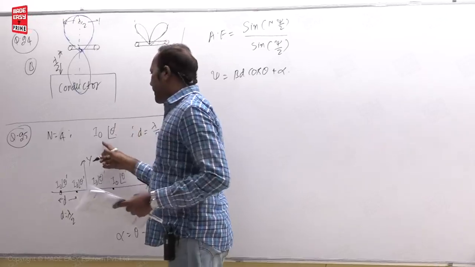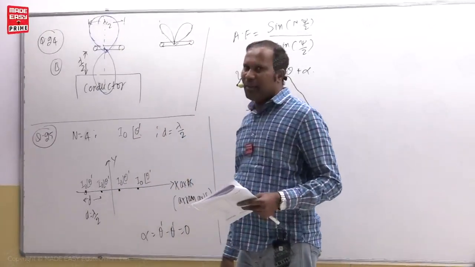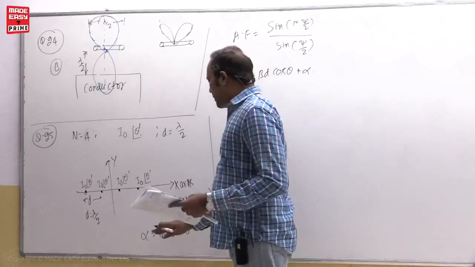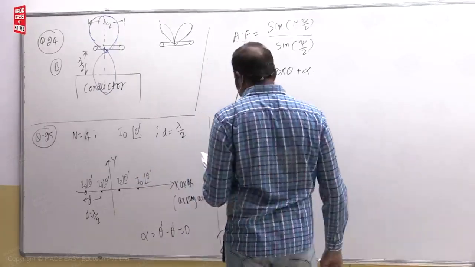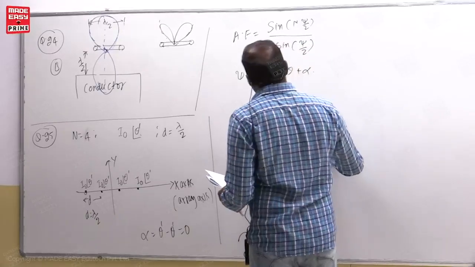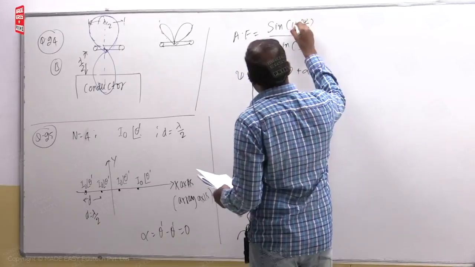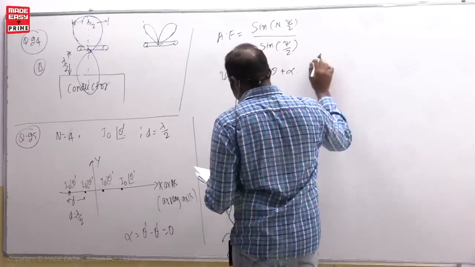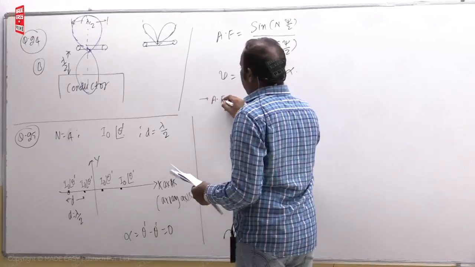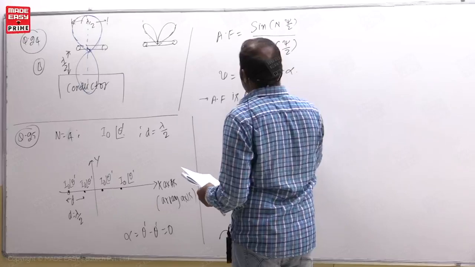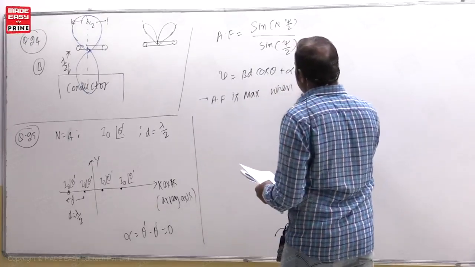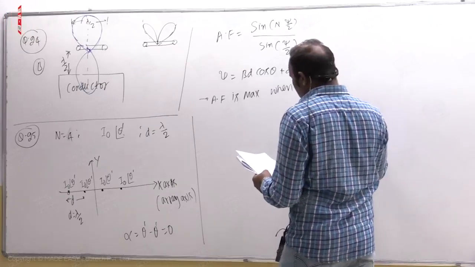This theta dash I kept as the current phase, since he has not given a name for it. So theta dash minus theta dash is equal to 0. Alpha is 0. Now n is given as 4. The array factor is maximum when psi is equal to 0.